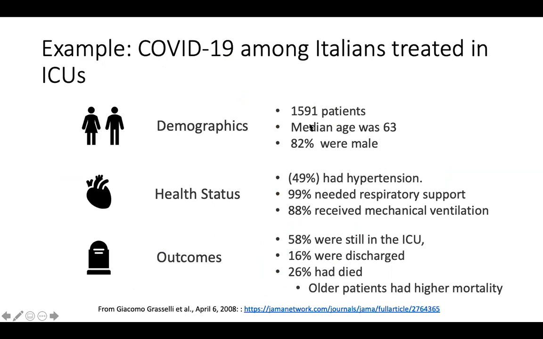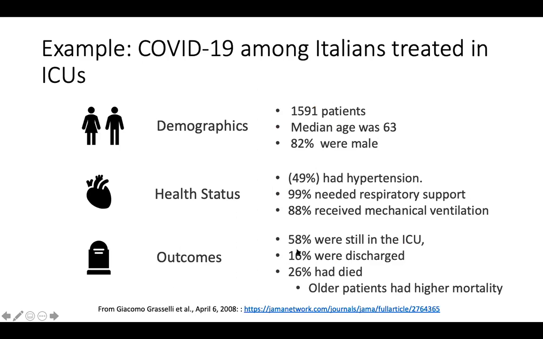And you can see a lot of important information. The median age was 63, the majority were male, 49% had hypertension, almost all of them needed respiratory support. When they closed the study, 26% had died, and then they looked a little bit at exposure and found that older patients had higher mortality. Again, a case series.